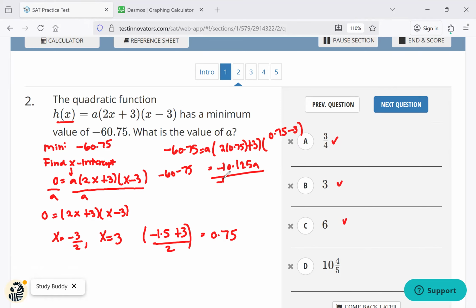Divide this by negative 10.125, and you get a equals 6. So that's how you do that. Or you could just test each one, put it in Desmos. If it gives you a lowest y value of negative 60.75, that's the one.